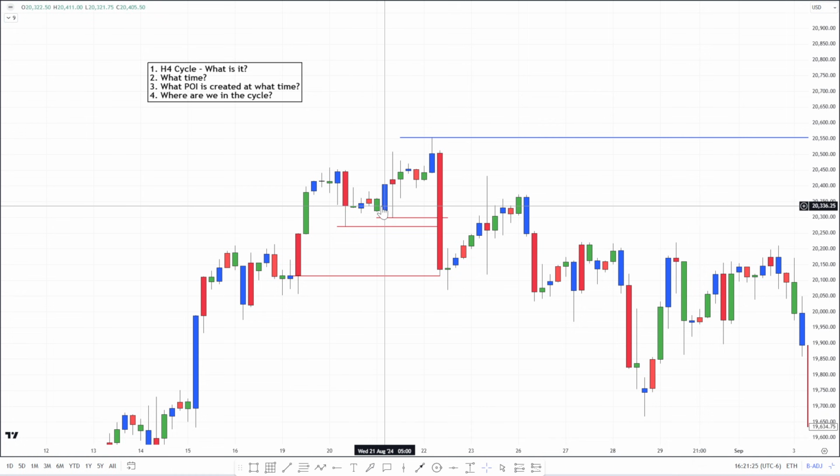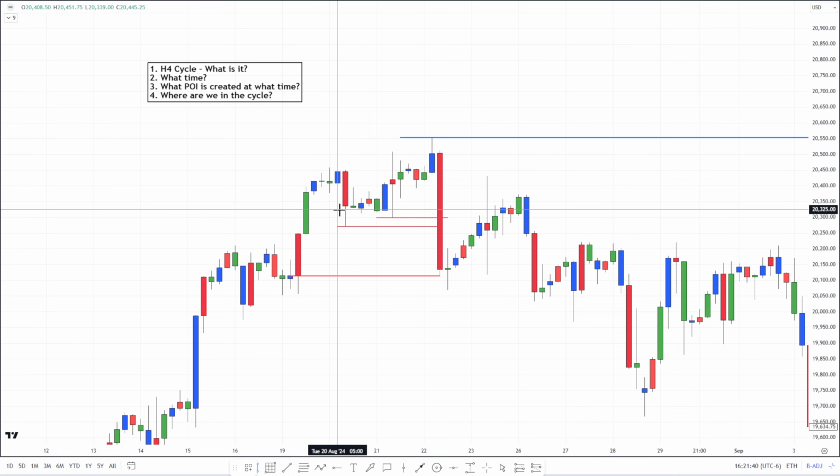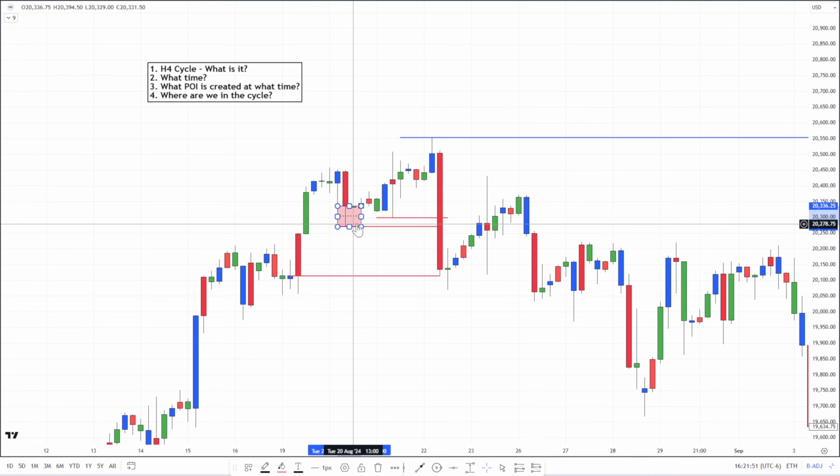Okay, you can see price building below the close into this wick. So if we look at a wick as a balanced price range, then we can mark that wick. Let's do this right here. We'll color code it.